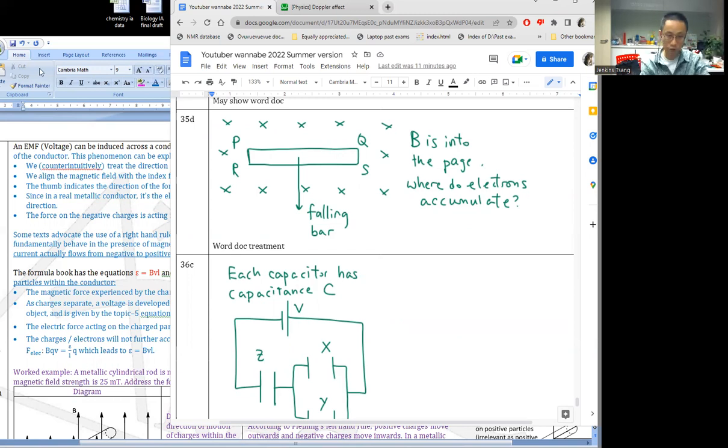Actually, QR, I think I labeled the diagram wrong. This is R. This is S. So the positive charge migrates over here, which means that the electrons, which are negative, will be migrating towards PS. Therefore, choice D is the answer.